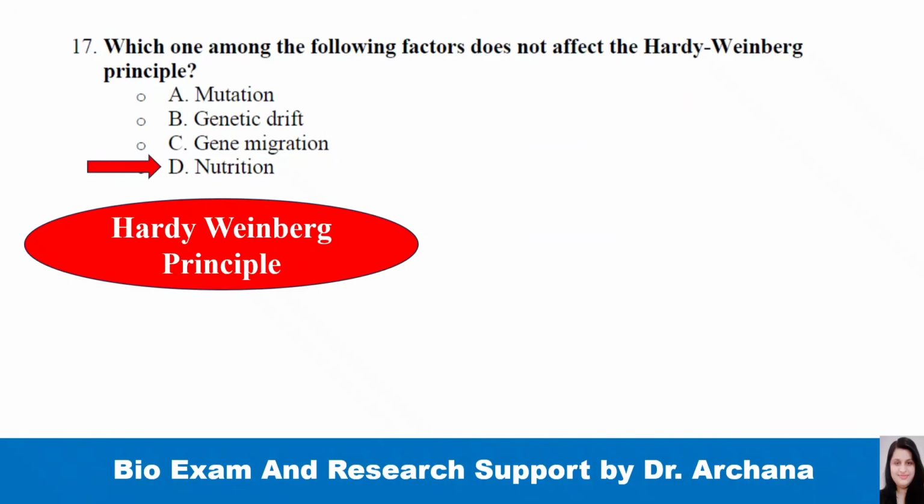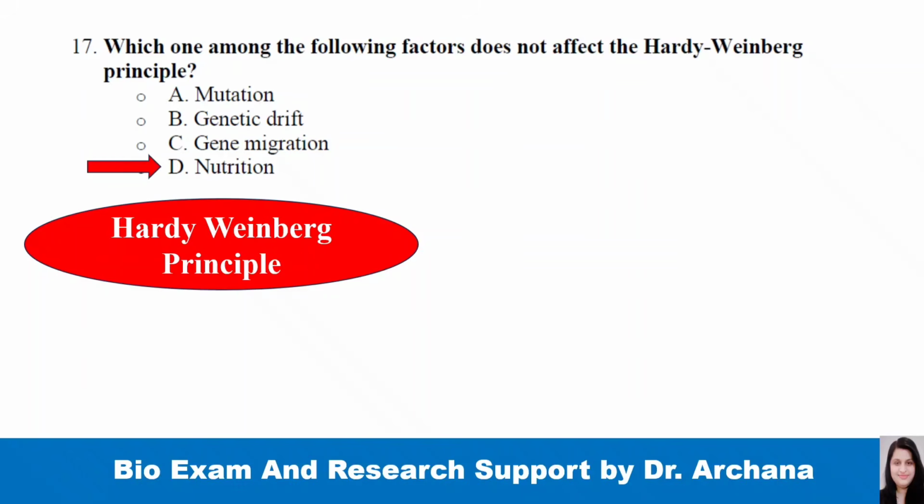Now the next question is which among the following factors does not affect the Hardy-Weinberg principle? So actually you have to see that the Hardy-Weinberg principle assumes that allele frequencies remain constant when certain conditions are met.